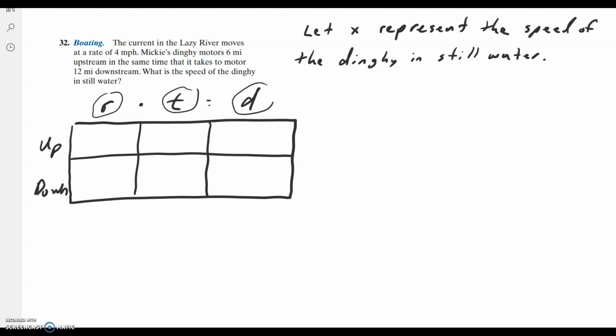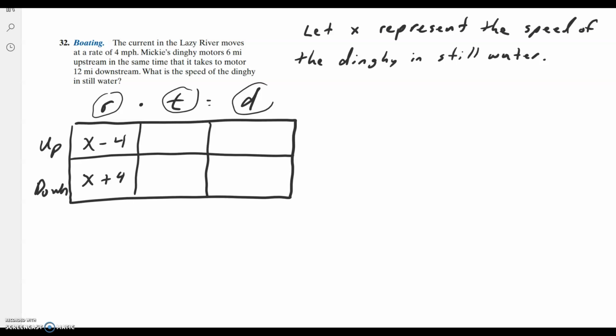If you're going upstream against the water, your speed would be X minus the speed of the water. So the river's moving at 4 miles an hour. So when you're going downstream, you're doing the speed of the dinghy plus the 4 miles an hour. When you're going upstream, it's the speed of the dinghy minus the 4 miles per hour.